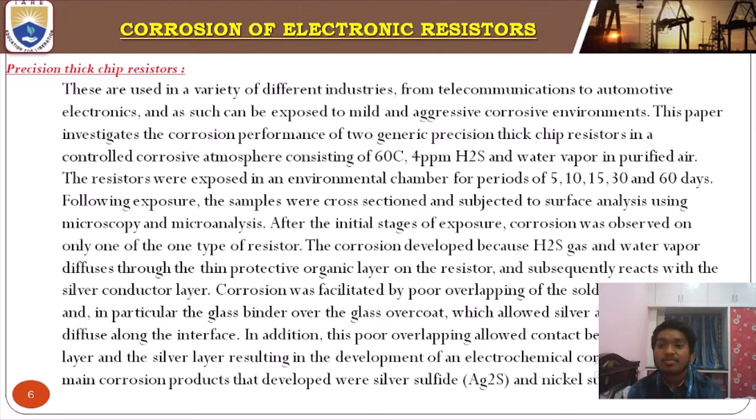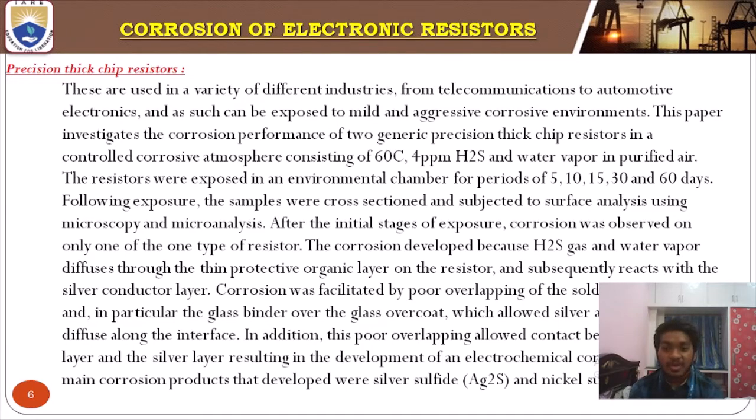Chip resistors are used in a variety of different industries, from telecommunications to automotive electronics, and can be exposed to mild and aggressive corrosion environments. This paper investigates the corrosion performance of two generic precision chip resistors in controlled corrosive atmospheric conditions of 60 degrees Celsius temperature, 4 ppm pollutant gases, and water vapor in purified air.